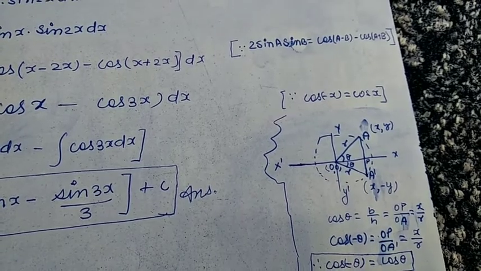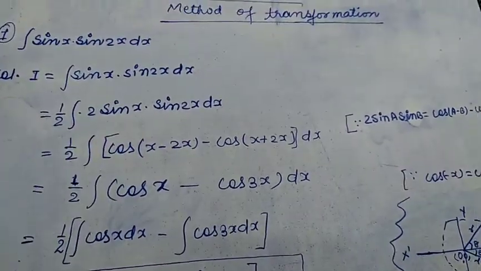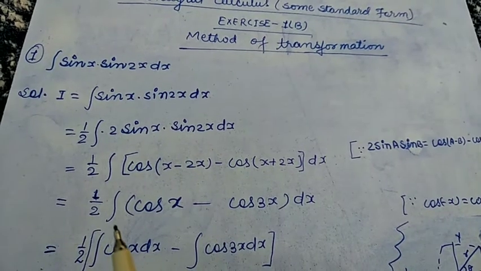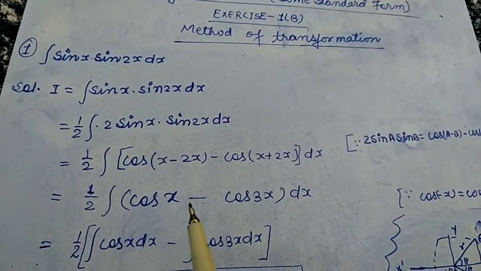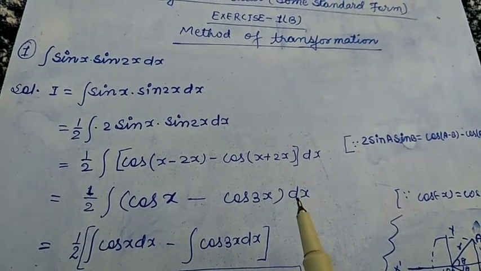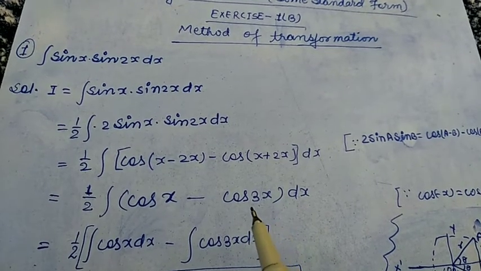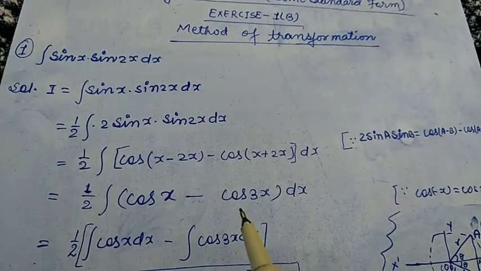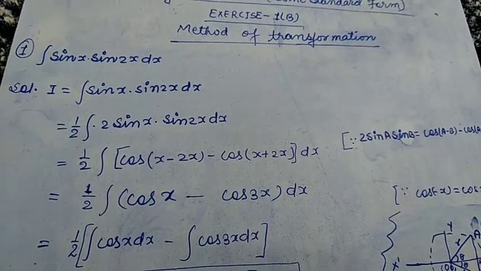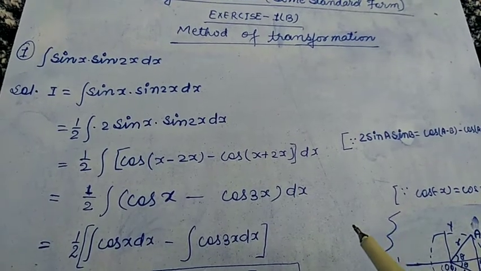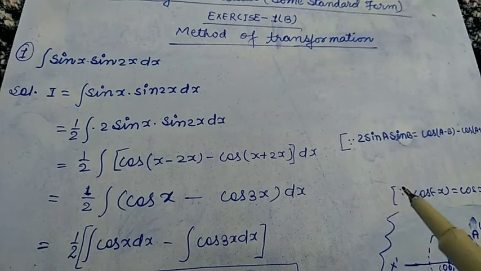So here you can see we have written 1 upon 2 integration of cos x minus cos 3x into dx. I think you understand that problem, which is why cos of minus x is equal to cos x.